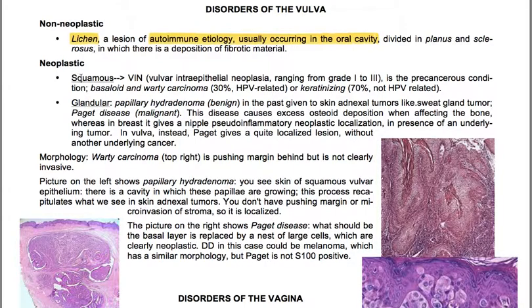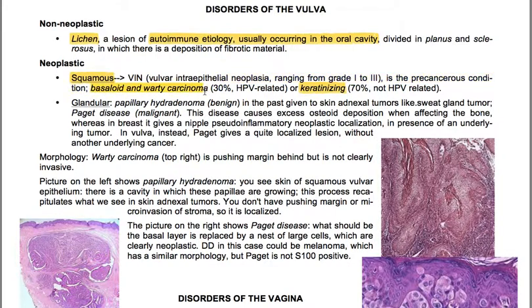The neoplastic can be squamous, so vulvar intraepithelial neoplasia ranging from grade 1 to grade 3 is the precancerous condition. Basaloid and warty carcinoma, 30% are HPV related, or keratinizing, 70% of cases non-HPV related.